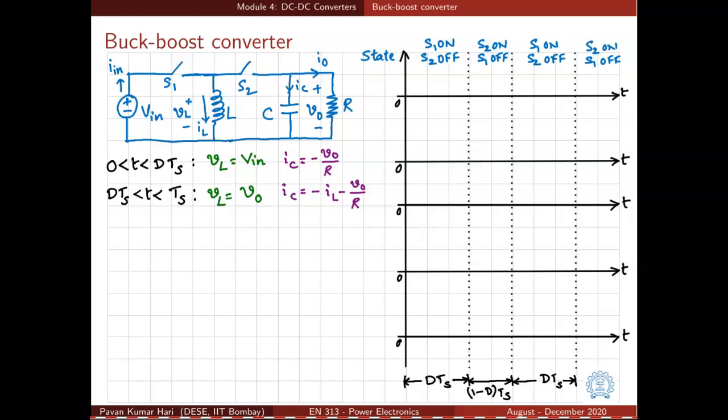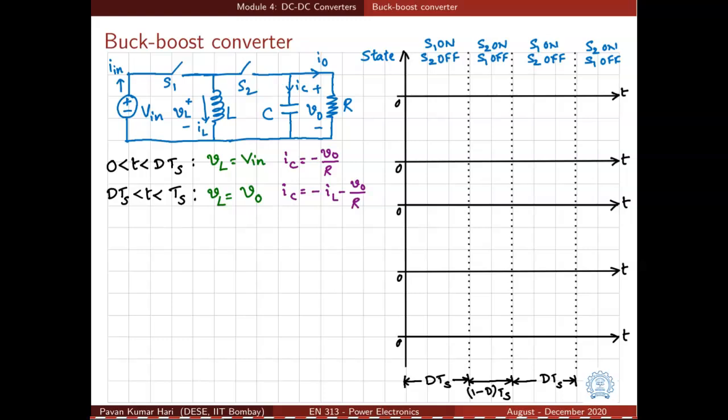That is one observation. Then the second observation is about the relative magnitudes of V in and VO. Since only V in and VO are getting applied across the inductor, a smaller voltage can be applied for a longer duration and a larger voltage will be applied for a smaller duration.